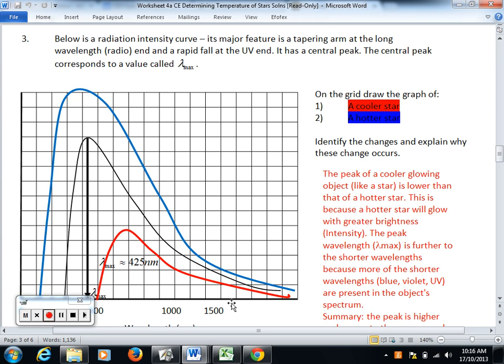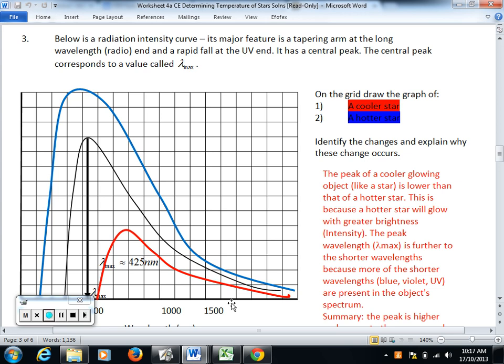You're asked to draw on the grid approximately a graph of a hotter star and a cooler star. So let's draw a cooler star. What would have to happen to the height of the peak? It's further down, isn't it? What does that indicate? It's not as bright. Remember that the higher the peak, the brighter this object would appear to your eye. And where's the peak? The peak is to the radio end.